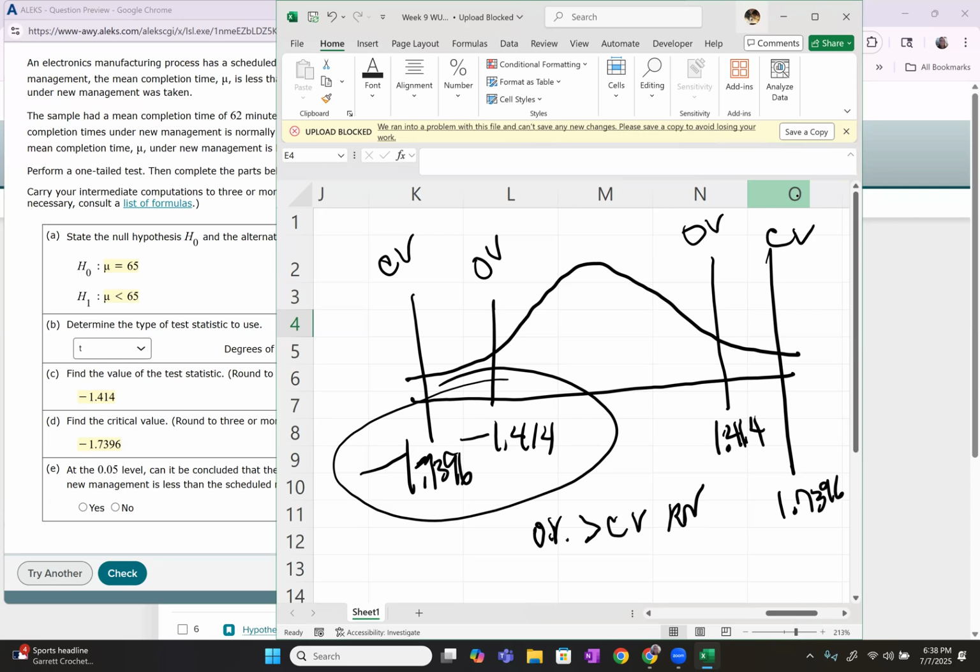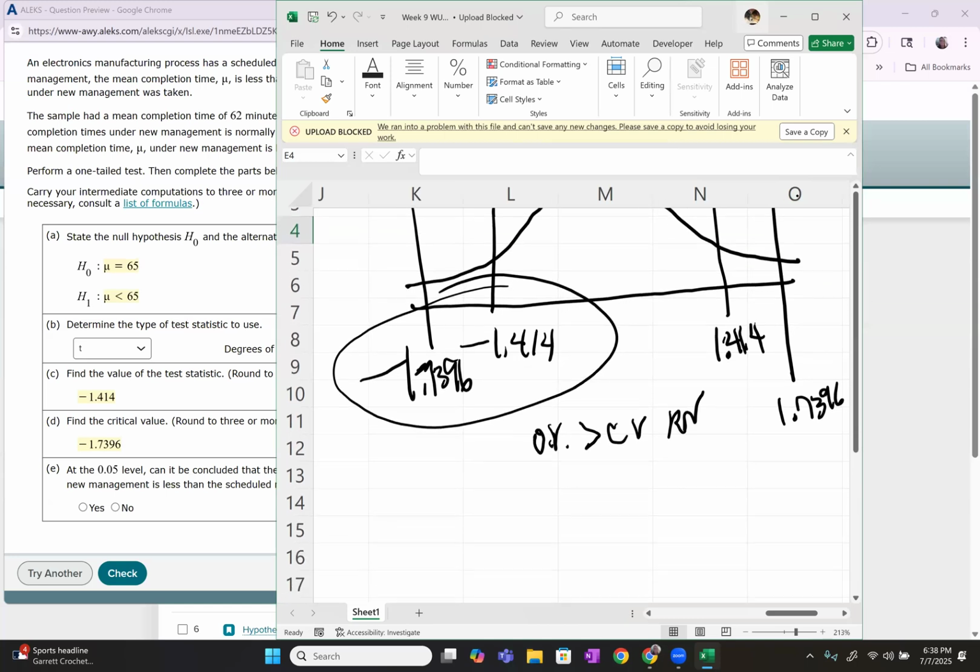So in this case, it would be because the negative 1.414 is greater than the negative 1.7396. Absolute value of it. So think of it as, is the absolute value of negative 1.414 greater than the absolute value of negative 1.7396?